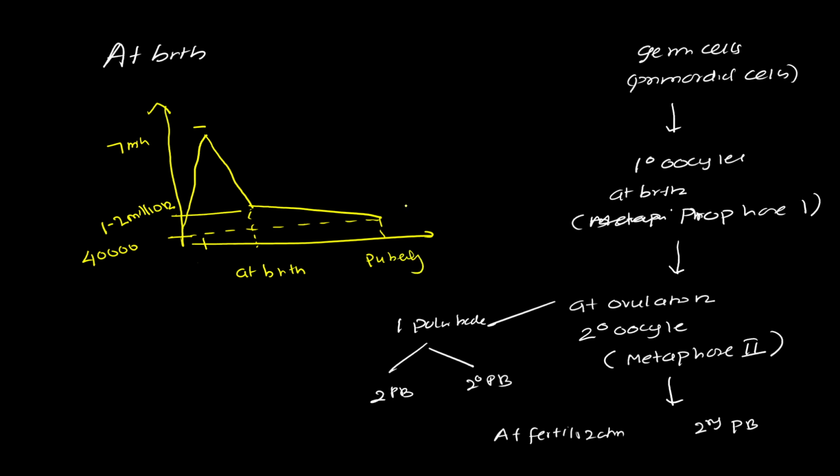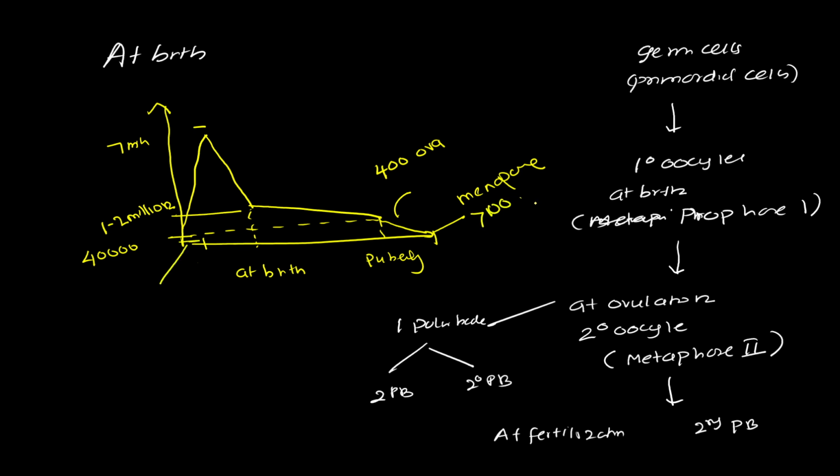Then from puberty onwards, there will be cyclical development of follicles, and the number will descend. Usually around 400 ova will be released during the lifetime until menopause, and at menopause usually around 100 or fewer remain.